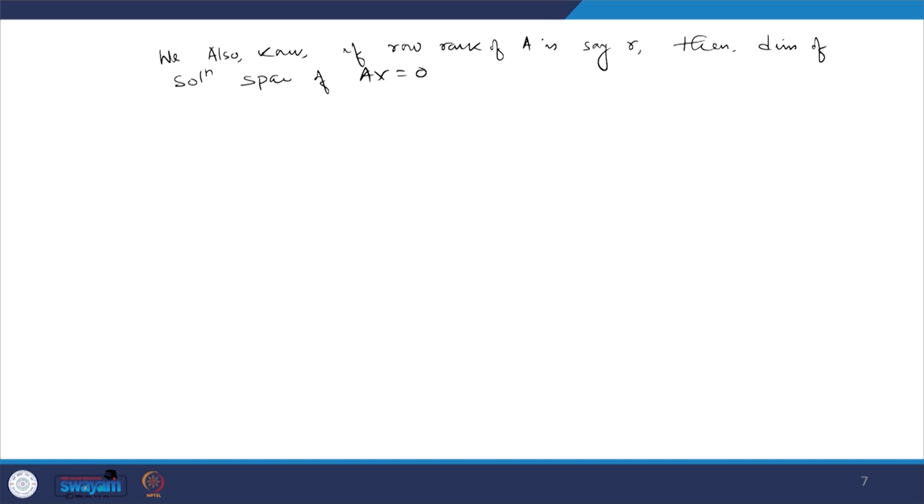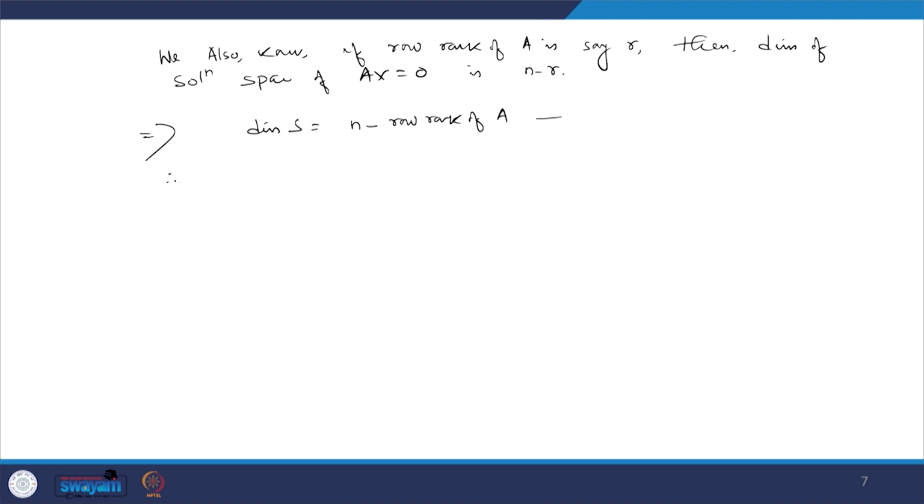Since A is an m cross n matrix and if row rank of A is R, then the number of free variables will be n minus R. So, this implies dimension of S is equal to n minus R. R is basically the row rank of A, please.